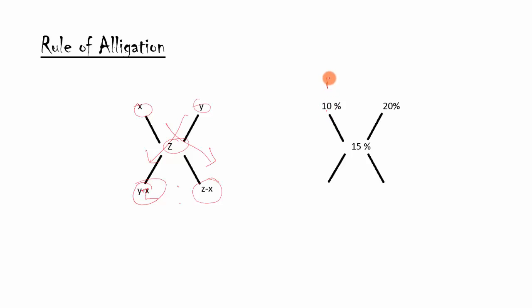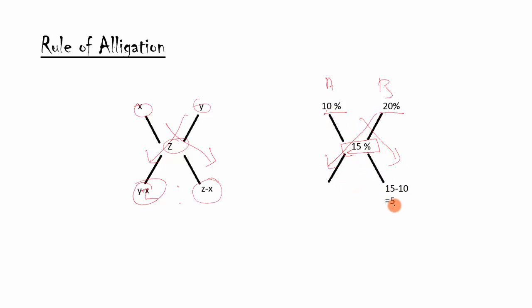We are given A and B with concentrations 10% and 20% to get a concentration C of 15%. So what would be the ratio in which we have mixed A and B to get 15% concentration? According to the rule of alligation, this is nothing but the deviation on this side and the deviation on that side.